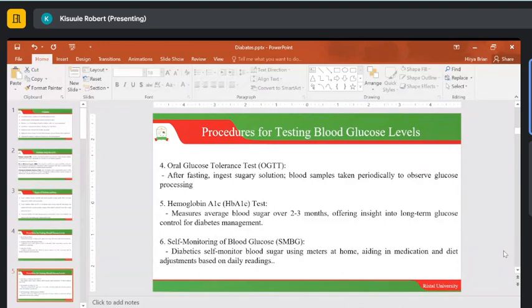And for the self-monitoring of blood glucose, or the SMBG, here we are looking at diabetics self-monitoring blood sugar using meters at home, also aiding in medication and diet adjustments based on these daily readings.